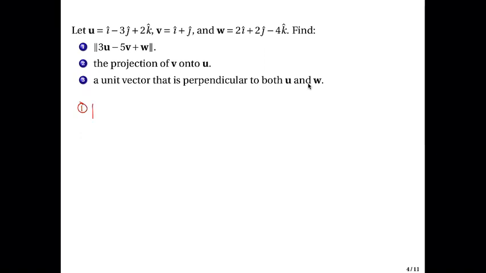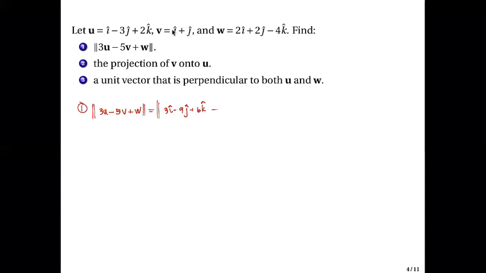So we have the magnitude of 3u minus 5v plus w. So this is equal to the magnitude of 3 times u, which is 3i hat minus 9j hat plus 6k hat, then minus 5v.